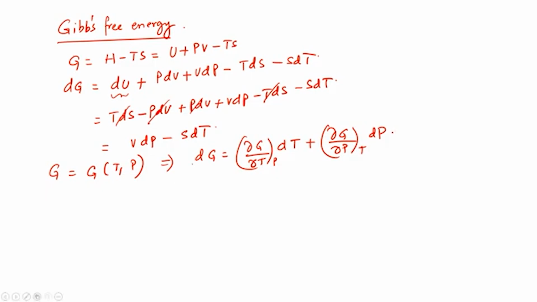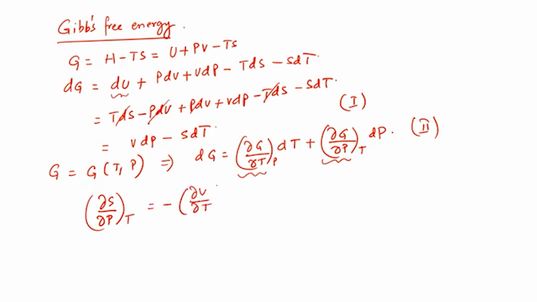Being an exact differential, we can take another double derivative for the first one with respect to P and the second one with respect to T, and they would be the same. And once we compare with equation 1 and equation 2, which were there everywhere earlier, we get del S del P at constant T is equal to minus del V del T at constant P.